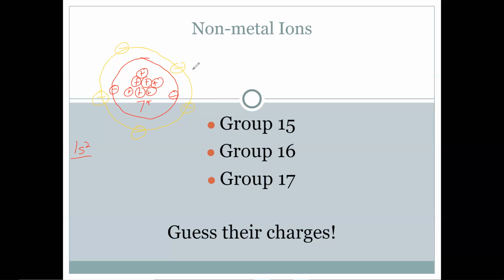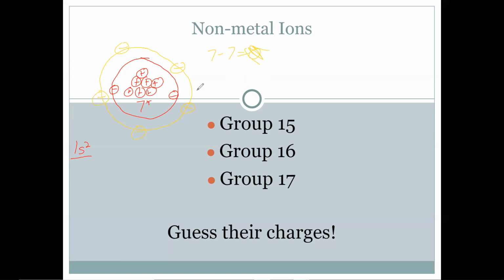So if we draw that out, we're looking at this and we go, okay, well, we have 7 electrons and 7 protons. So 7 minus 7 is 0. But if we change the number of outer electrons, then that's going to change what the charge is. So nitrogen, it's going to be a little bit easier for nitrogen to gain electrons than it is going to be for nitrogen to lose electrons.